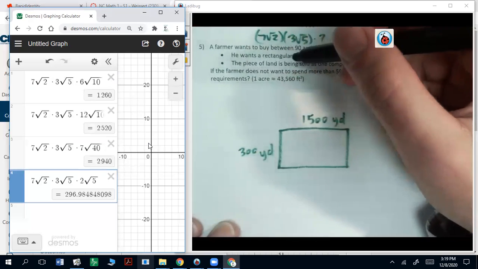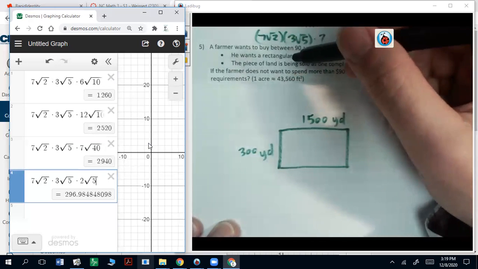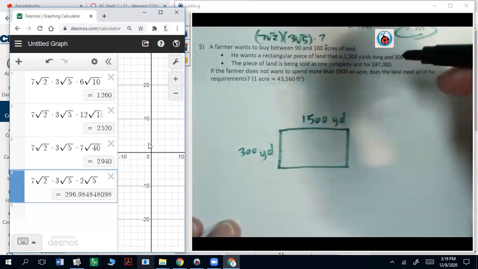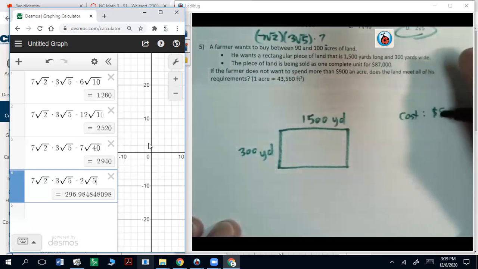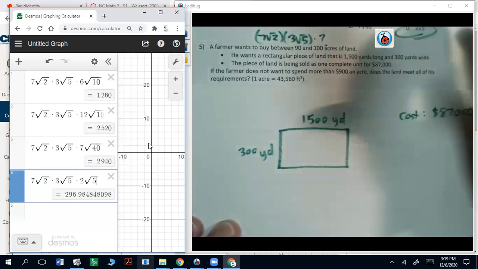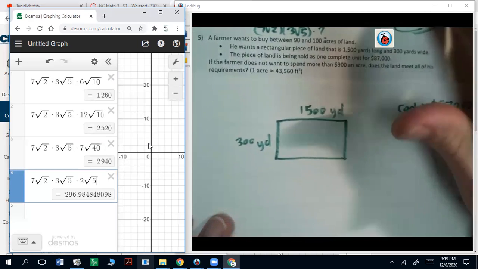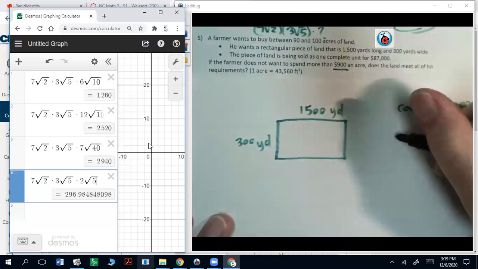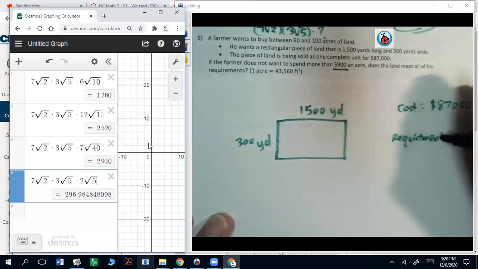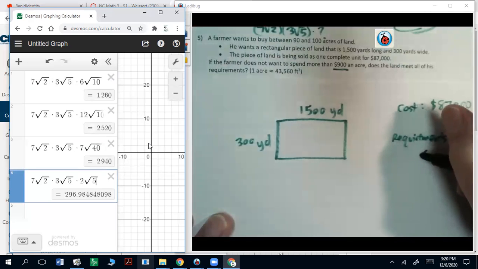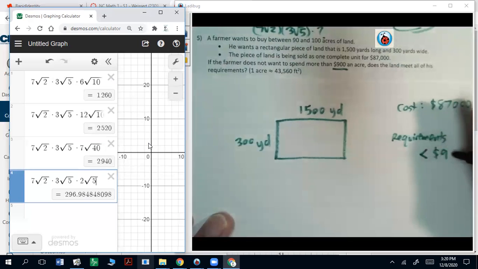The piece of land is being sold as one complete unit for $87,000. So the cost is $87,000. If the farmer does not want to spend more than $900 an acre, so the requirements: we want it to be less than $900 an acre.